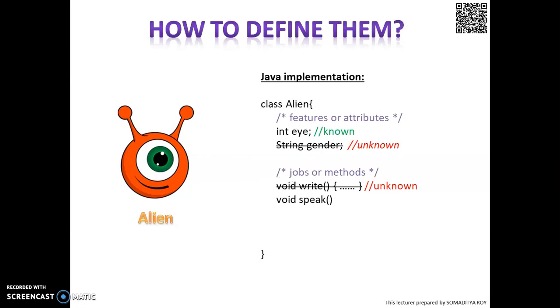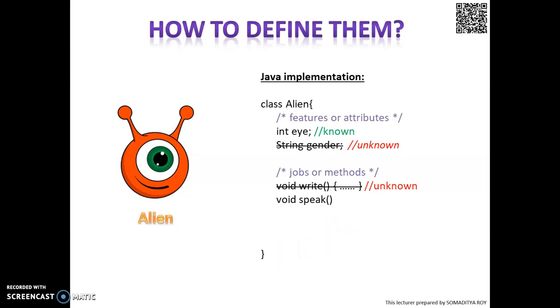Now what about speak? The question is what to write in its body, because as far as the alien is concerned, we can say that alien has a feature called speak, but we cannot define it properly because we don't know the language.